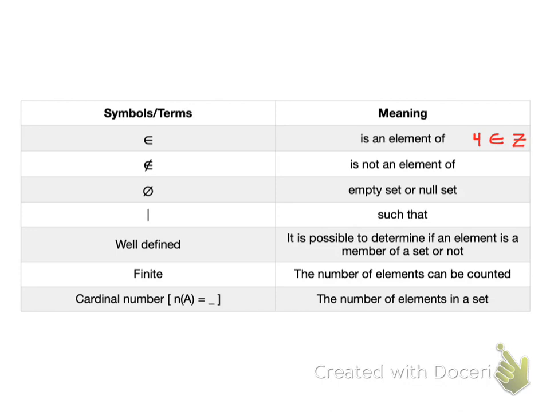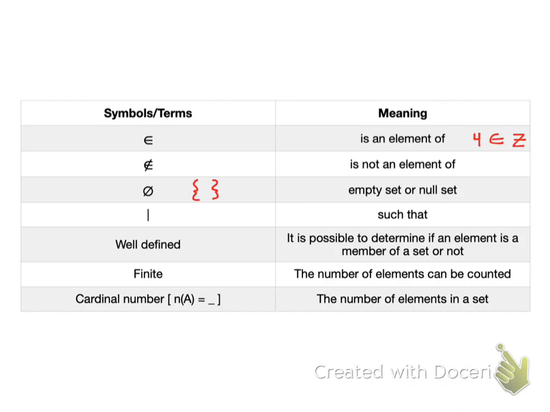Now, this circle or 0 or O with the slash through it, that represents the empty set. It's called either the empty set or the null set. And it is empty. It can also be written either with that symbol or just a pair of braces with nothing inside.